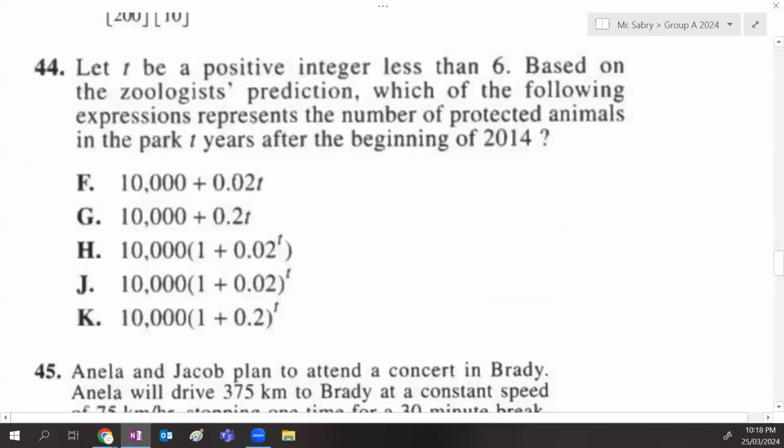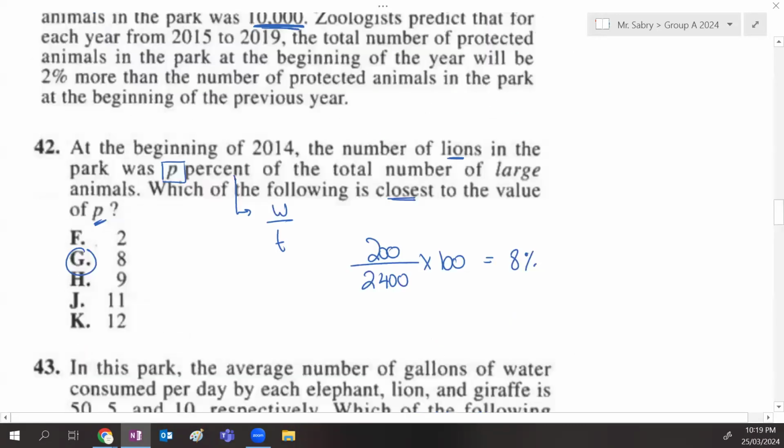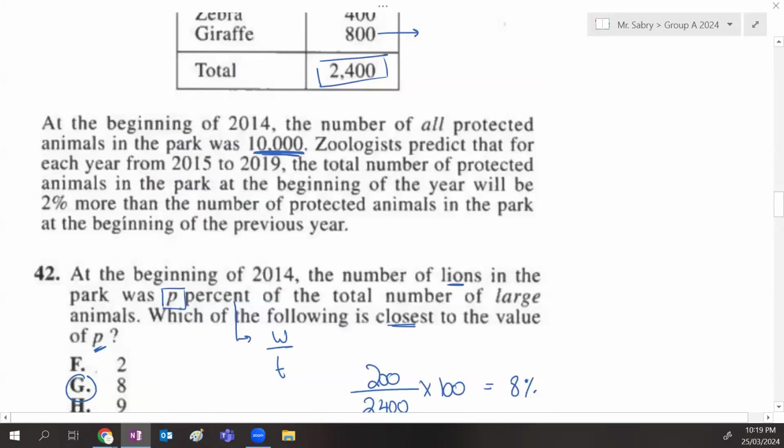Let t be a positive integer less than 6. Based on the zoologist's prediction, which of the following expressions represents the number of protected animals in the park t years after the beginning of 2014? Because the zoologist's predictions are stated over here, they've stated that it would become 2% more than the number of protected animals in the park at the beginning of the previous year.